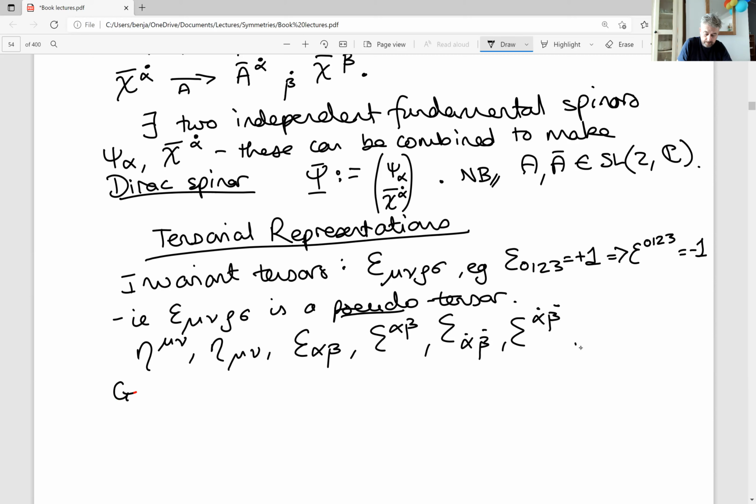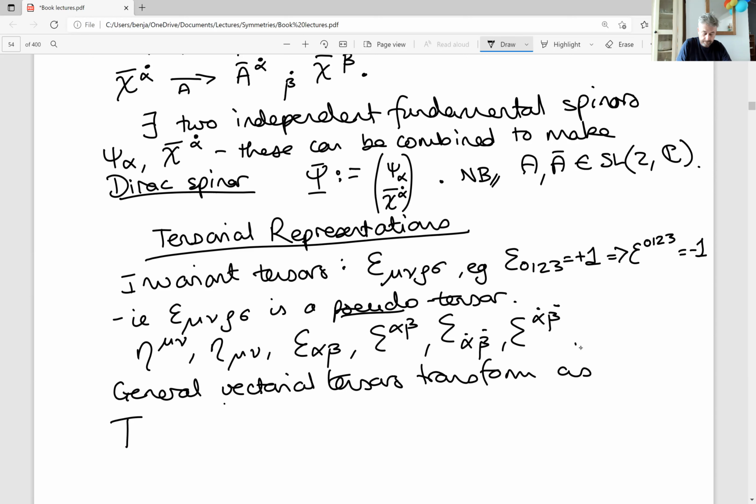So a general vectorial tensor transforms as follows. Let's take T, and let's call these indices mu1 to mu n, and nu1 to nu m.